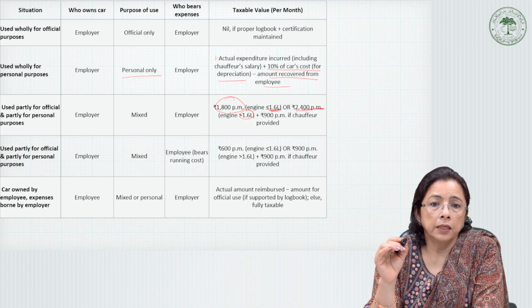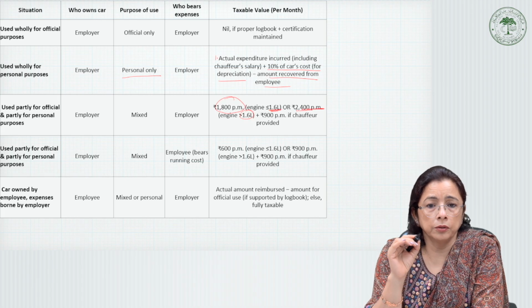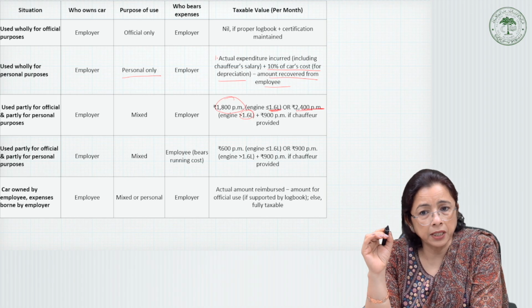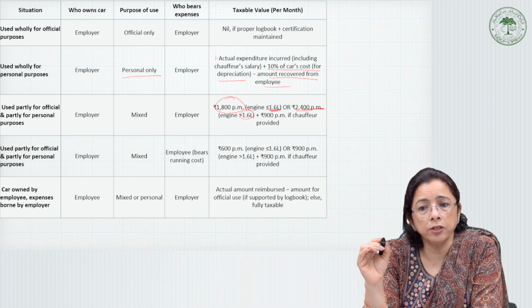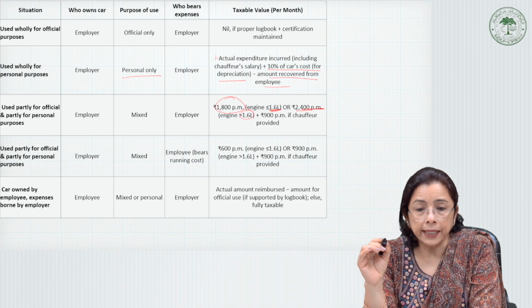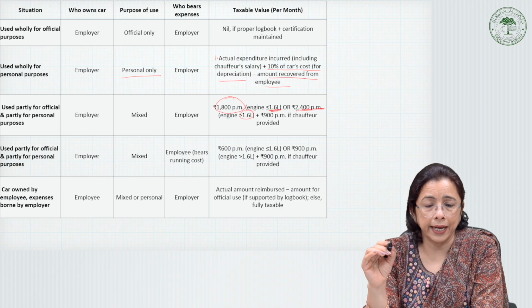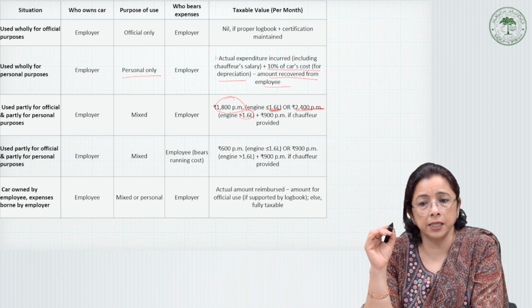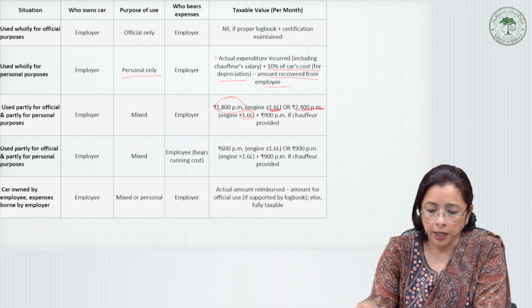And then we also have to see that if the expenses of the maintenance and running for his private or personal purposes are met by the SSE, that is the employee. If the employee is meeting that part, in that case it is 900 in case of a large car and 600 per month in case of a small car.